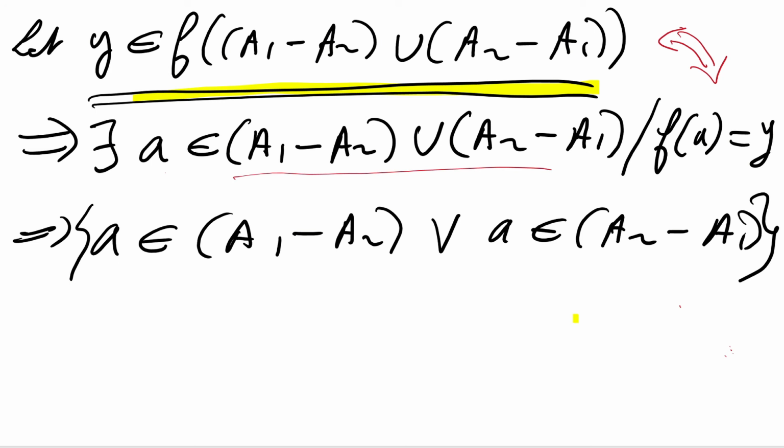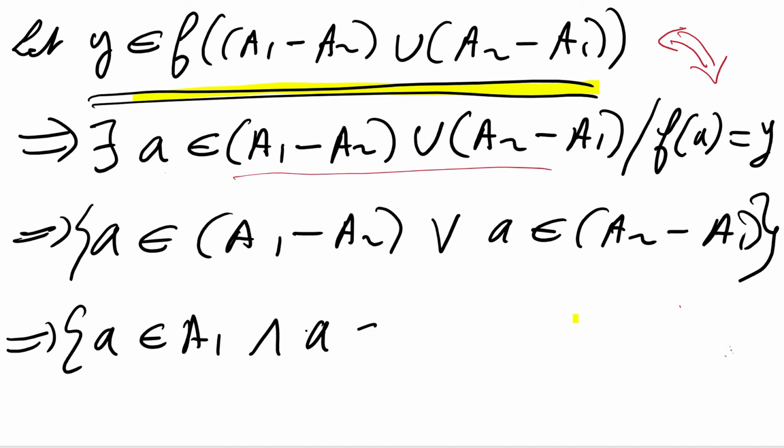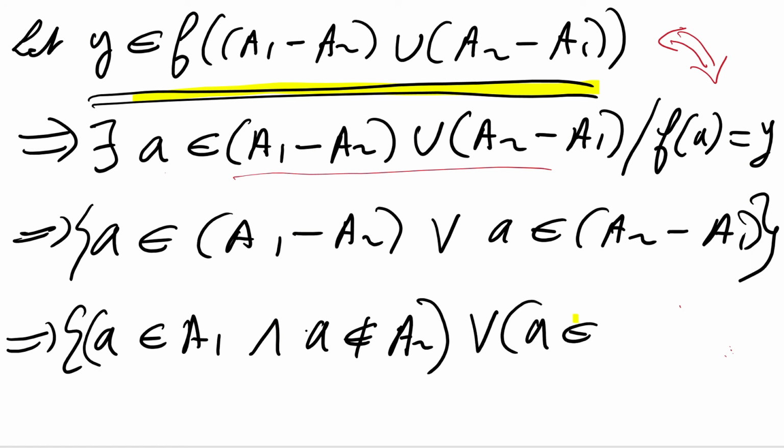So from there we can say that a is in A1 and a is not in A2, or a is in A2 and a is not in A1, right? We just extend this. We saw this definition in the previous chapter.